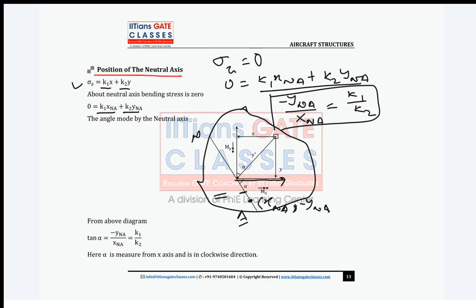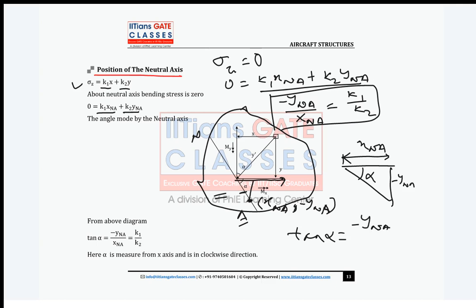Minus yNA. Now guys, I am considering this triangle. This is alpha, this is minus yNA, and this is plus xNA. Now what is the tan alpha in this triangle? It is minus yNA upon xNA. So that means it is K1 by K2.